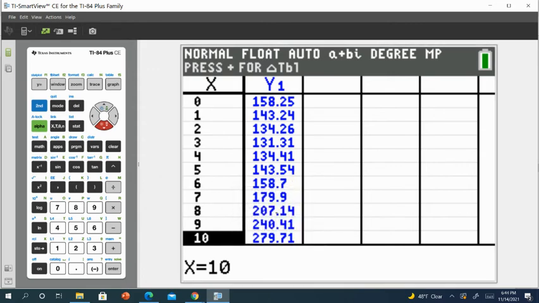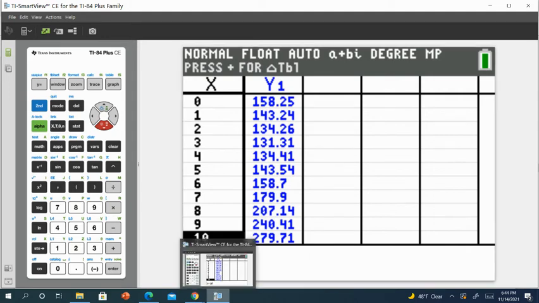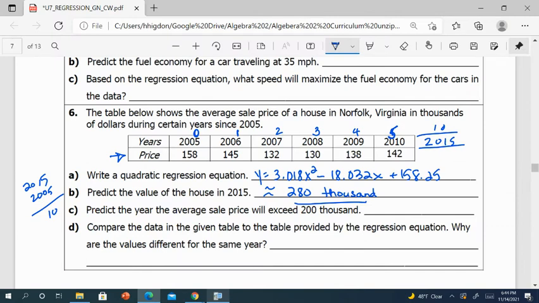So somewhere in the 8th year, house prices exceeded 200,000. So in year 8. So what year would that be? Well, 2005 plus 8 is going to be 2013. So that's the year.